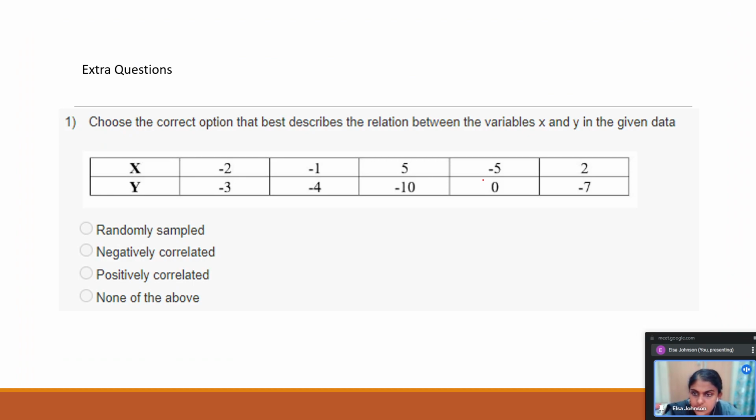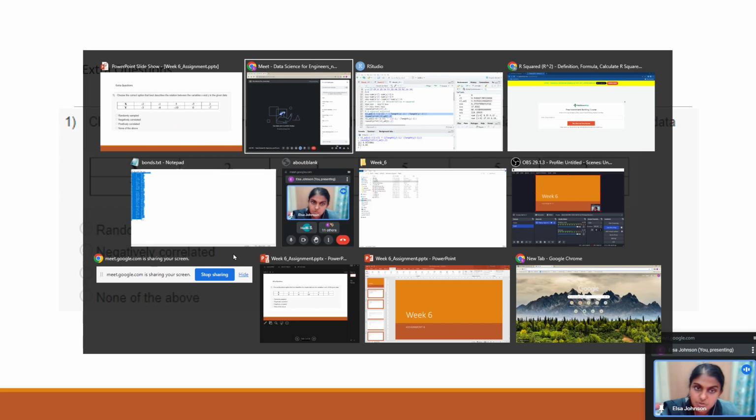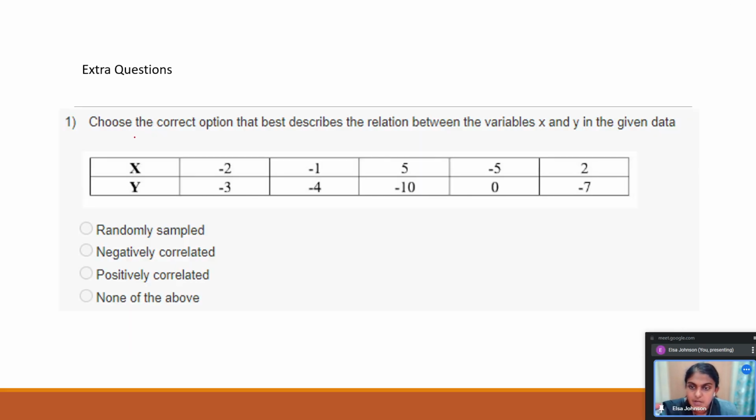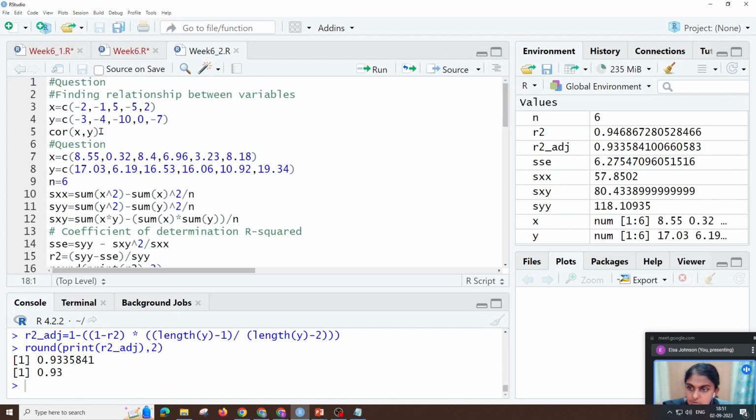So this is like x and y values are given, minus 2, minus 1, 5, minus 5, 2, then y values minus 3, minus 4, minus 10, 0 and minus 7. So till now the questions which were given were of the previous course. Okay, these are some extra questions. So you have to find out whether it is positively or negatively correlated. So for this you can use the correlation formula, or I have directly solved here.